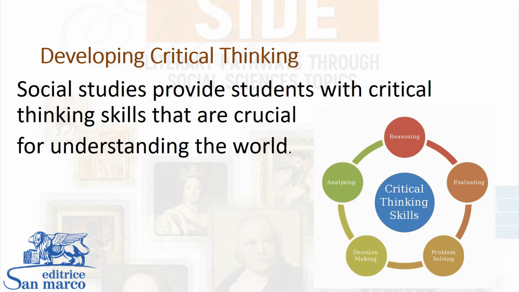I would stress the connection between critical thinking and social studies. I think this link is very, very relevant, as social studies really provide students with critical thinking skills that are crucial for understanding the world, and at the same time also the literary text they will explore.